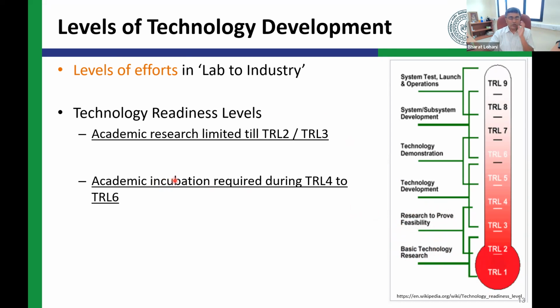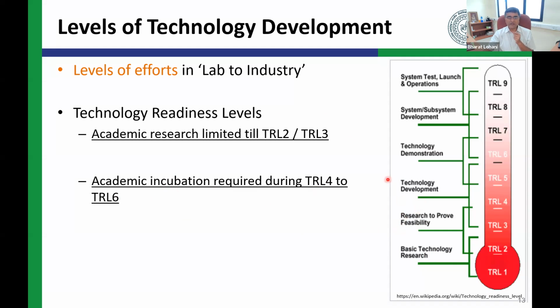However, the requirement is that we do not stop here, because in order to take the research to the market, the journey is longer. So what should be promoted? We should promote taking the development to TRL 4 to TRL 6.